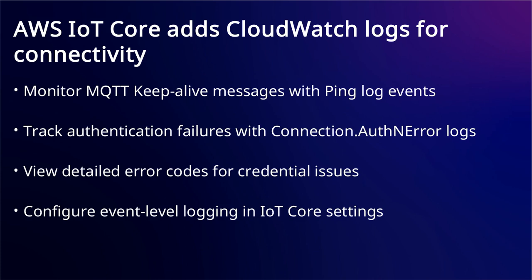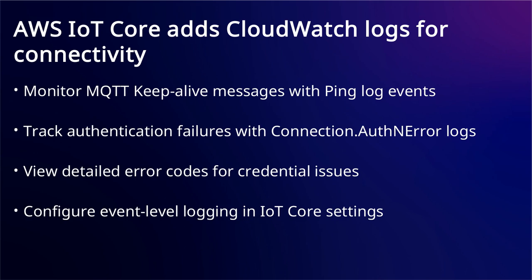You can monitor MQTT keep alive messages with ping log events to identify devices that cannot maintain connections. You can track authentication failures with connection.auth logs that include detailed error codes, enabling faster resolution of credential and certificate problems. You can view detailed error codes for credential issues directly in the logs, reducing troubleshooting time.